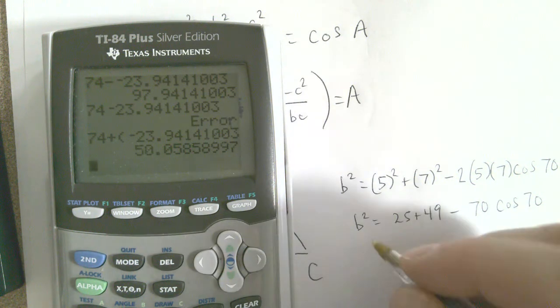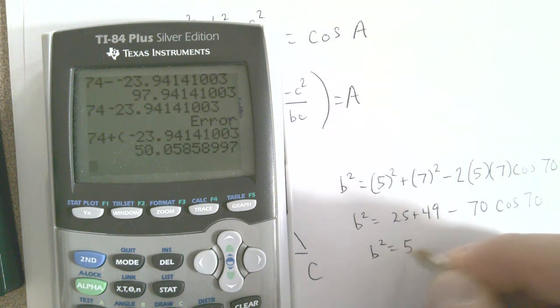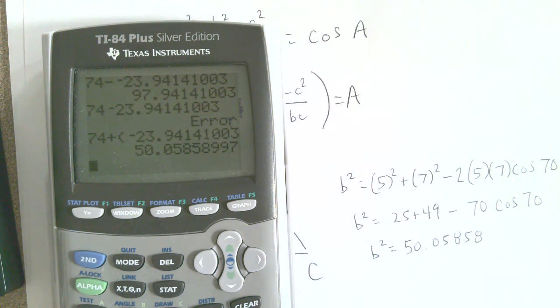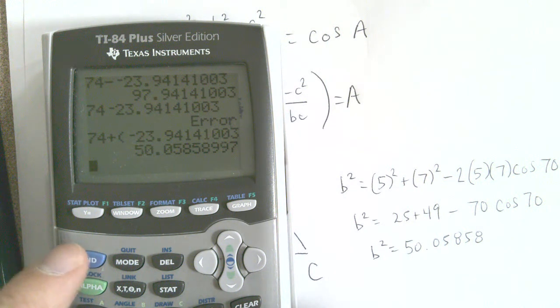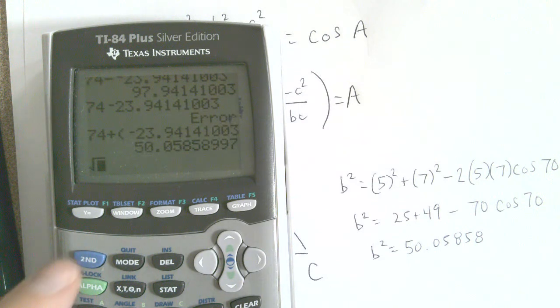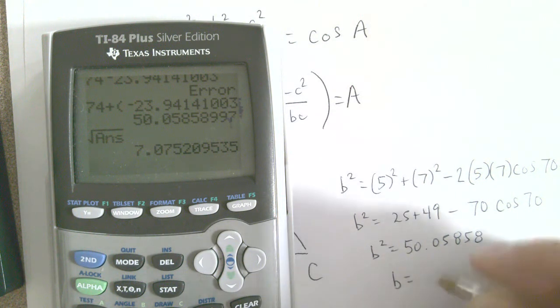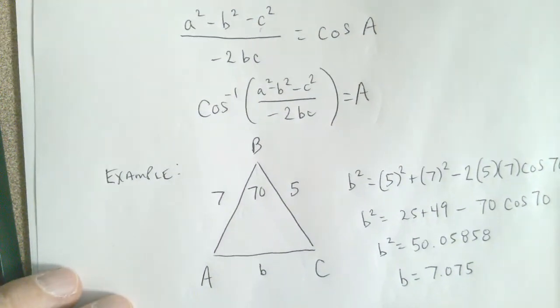Then I do the square root of that, which gives me 7.07. If we round to three places, 7.075 is going to be the length of my b value in this triangle.